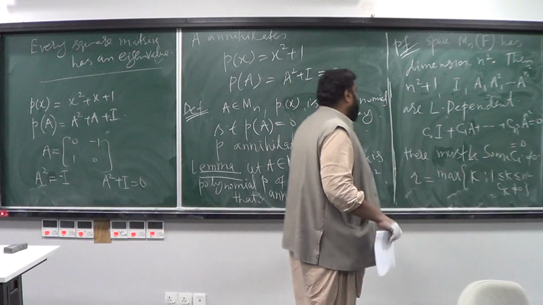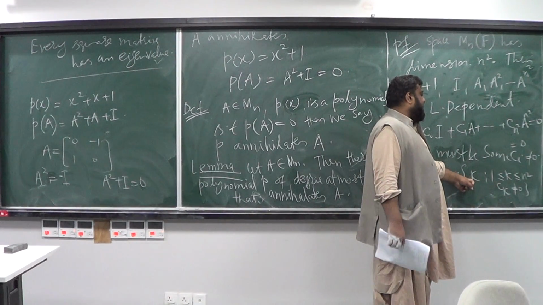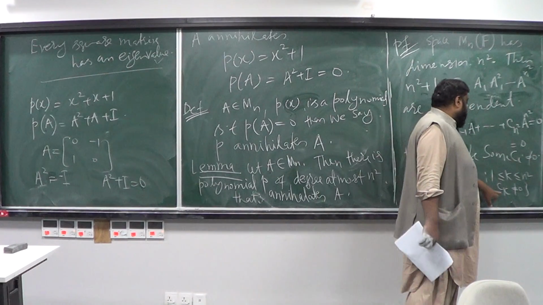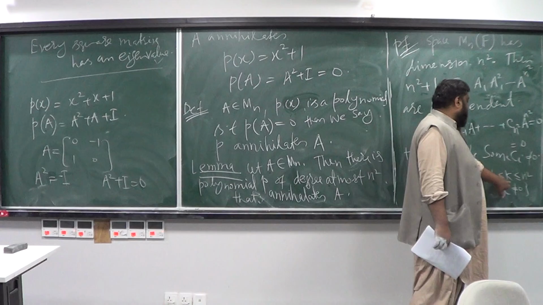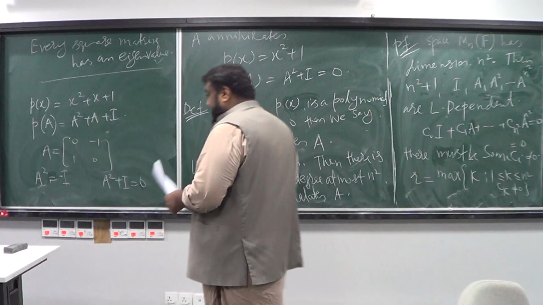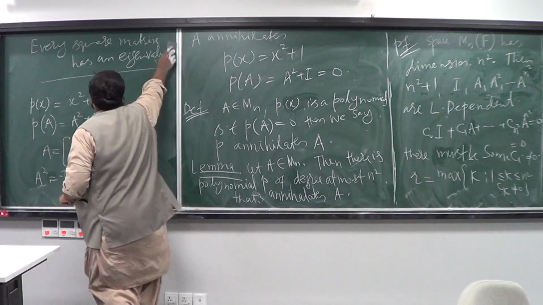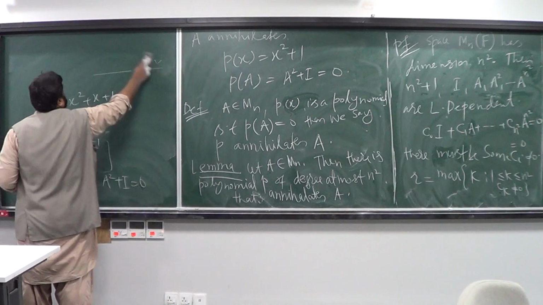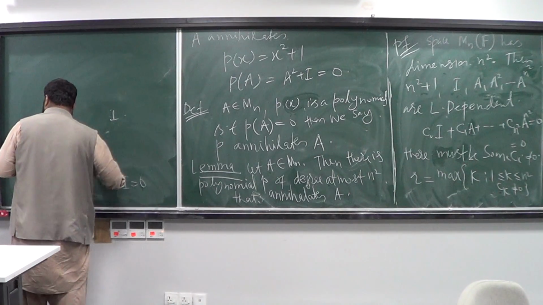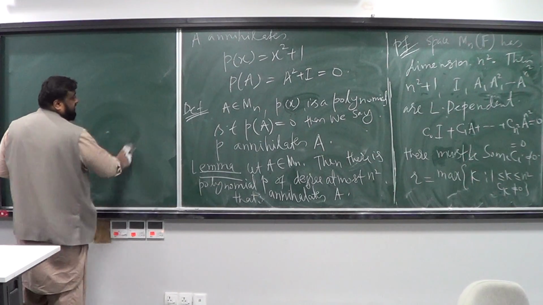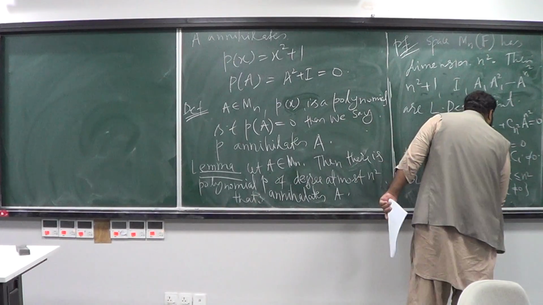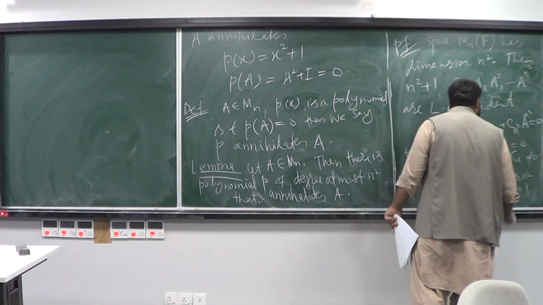So if R is the biggest index from 1 to n square such that the coefficient corresponding to this index is non-zero, then what does it mean? It means k is between 1 and n square and ck is non-zero.